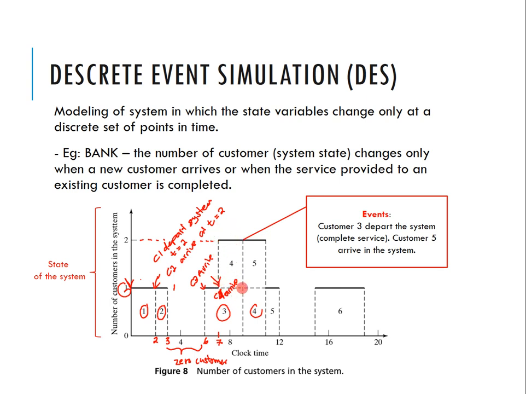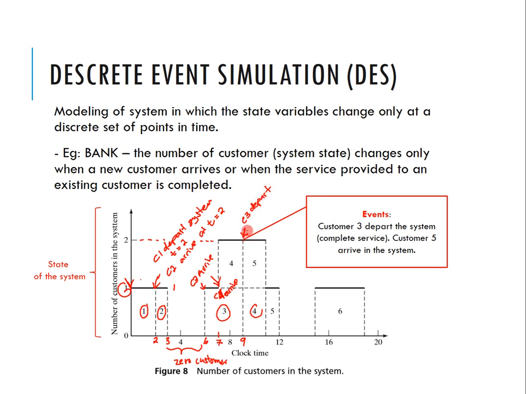At the next point in time, at time 9, you can see that after time 9 the customers in the system become customer 4 and customer 5. No more customer 3. So that means customer 3 exits here, at time 9. Customer 3 departs the system.